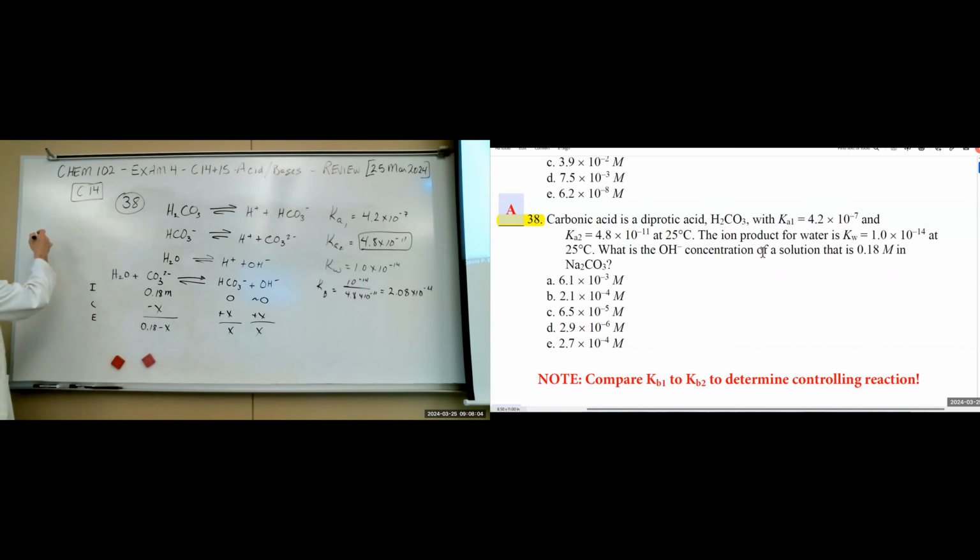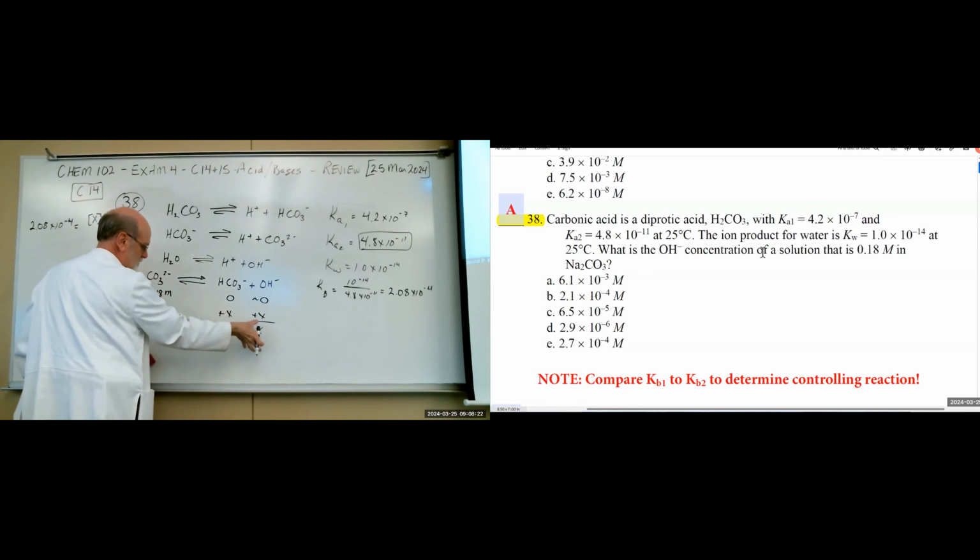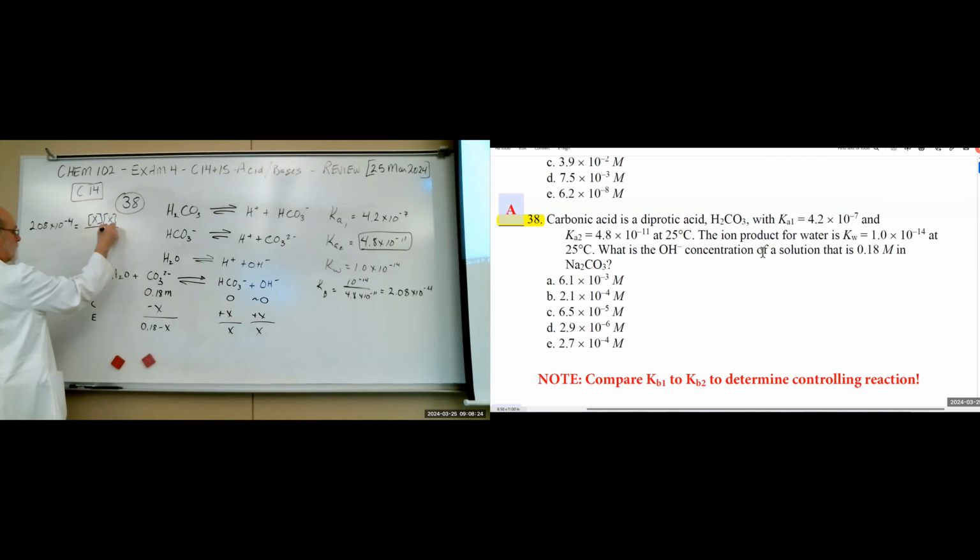All right, so that KB value is 2.08 times 10 to the minus 4, right? And that's equal to X times X, right? Product, this one times this one, divided by this one, 0.18 minus X. All right, the question is, is that X big enough?